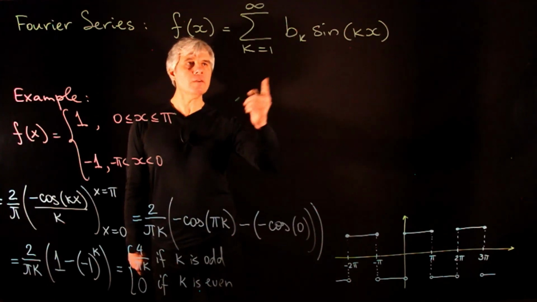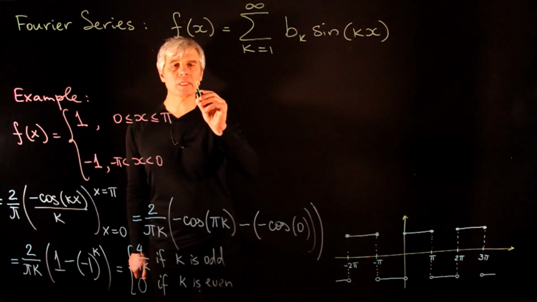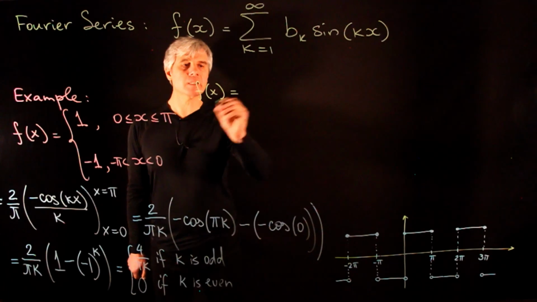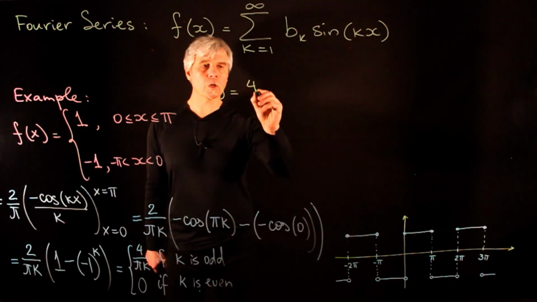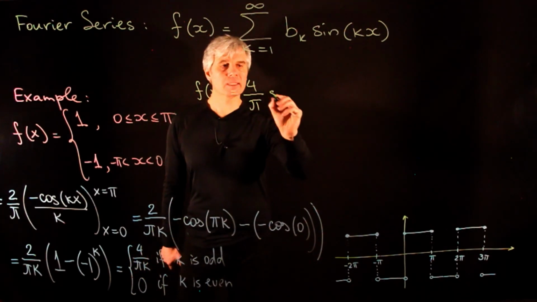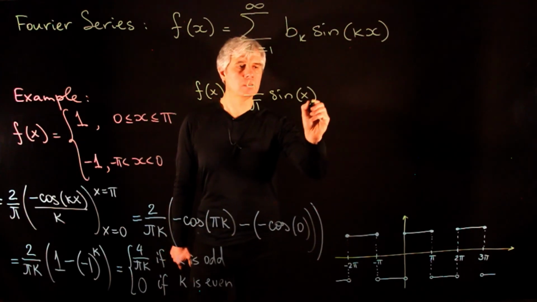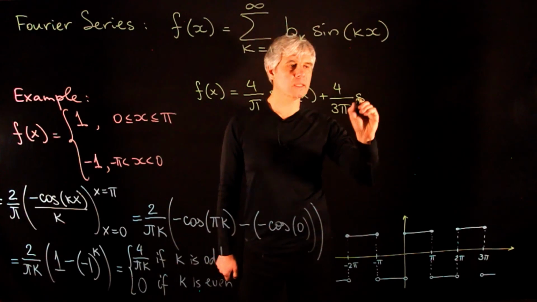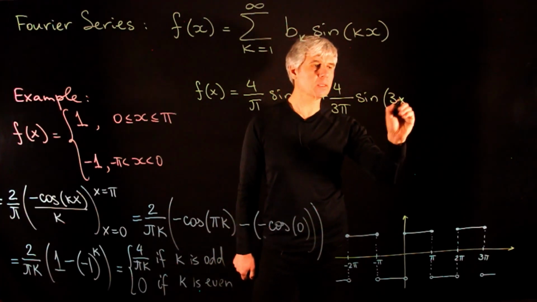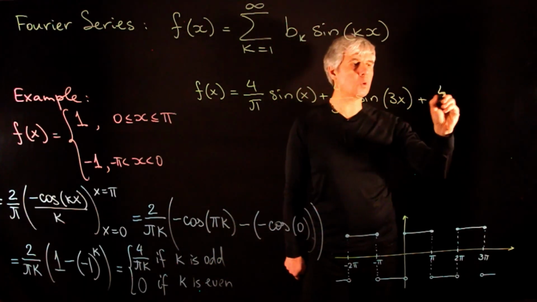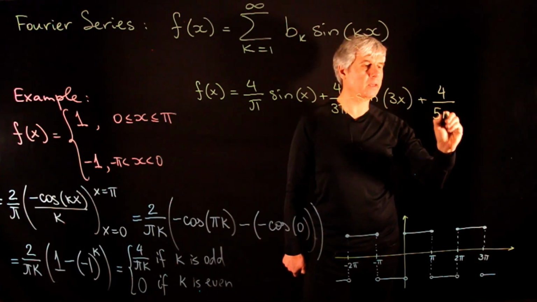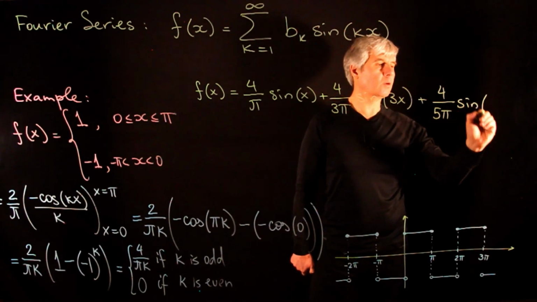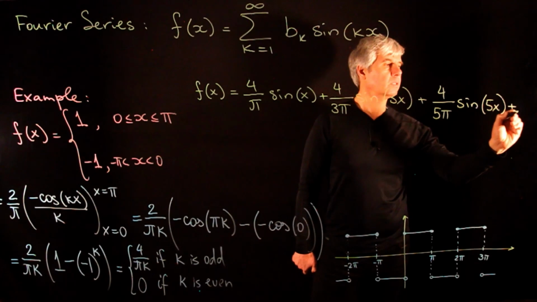Now, dropping the even terms, we obtain the following Fourier series, that f of x is equal to 4 over pi sine of x plus 4 over 3 pi sine of 3x plus 4 over 5 pi sine of 5x, and so on.